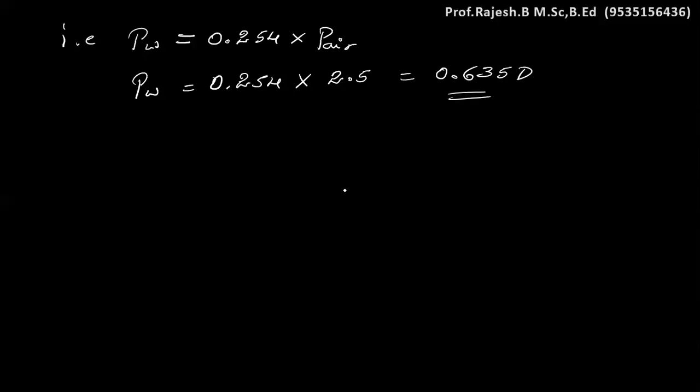See, when you immerse the lens inside the water, its power changes. Therefore, what is the change in power? Change in power: it is 0.635 when it is immersed in water, and when it was in air, it was 2.5.